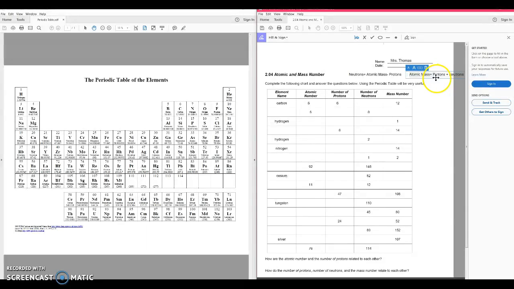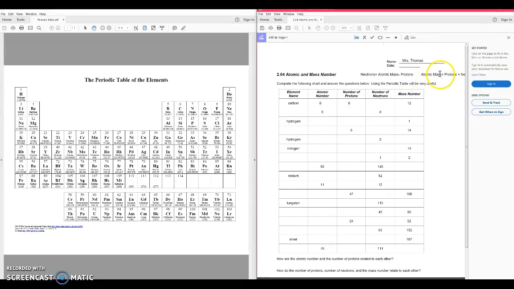I'll move that over so we can see that today too. I hope that these are both helpful reminders of what we went over in class today. If I see that our atomic mass is 12, and I know there are 6 protons, in order to get from 6 to 12, there must be 6 neutrons. So I simply fill in the table.